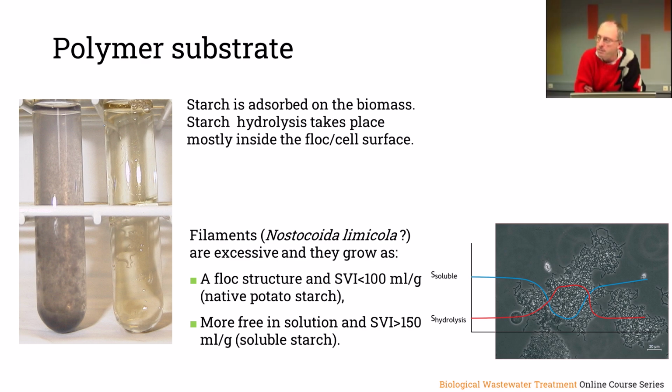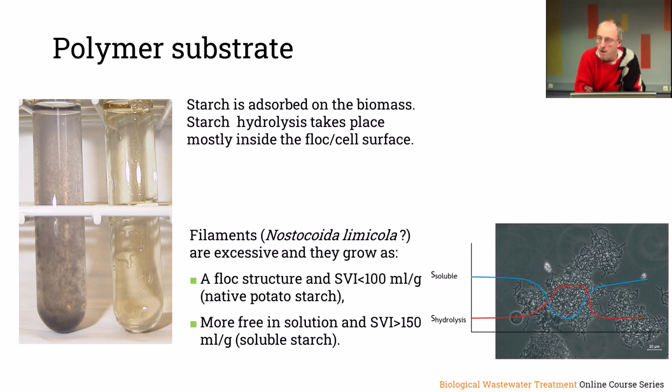If you have a substrate which is hydrolyzed, it's the other way around. The maltose concentration inside the floc will be higher than outside the floc because it's produced inside the floc. So the bacteria grow in a different substrate gradient. They grow still at low substrate concentrations, but the gradient is different. So maybe the substrate gradient has something to do with whether you get bulking sludge or not.